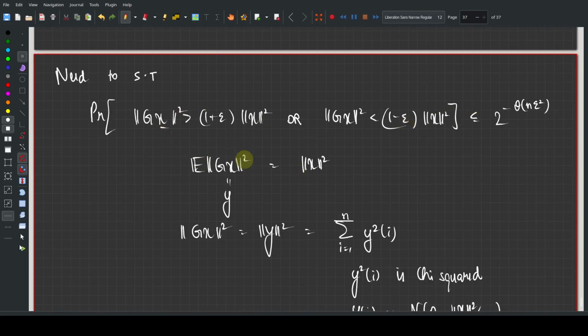because what is this? This essentially corresponds to the right tail.